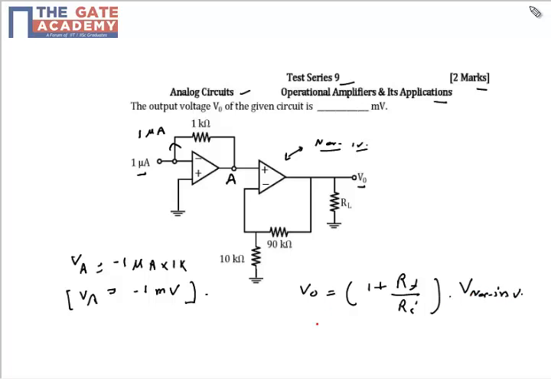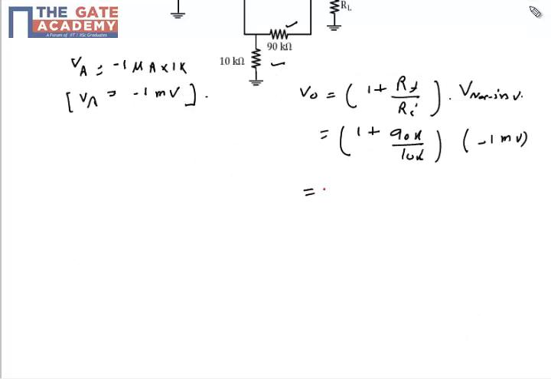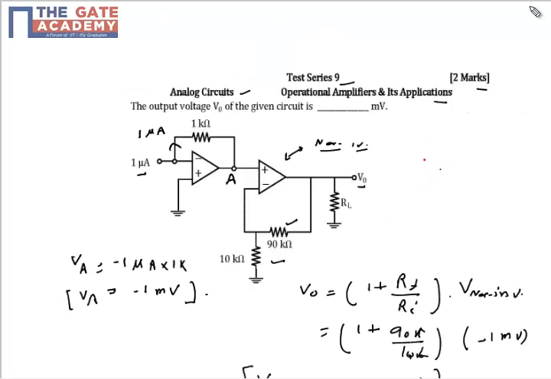In this case my RF, the feedback resistor, is 90k and my input resistor is 10k. So my output will be 1 plus 90k upon 10k multiplied by minus 1 millivolt, which is, 9 and 10 cancel, so minus 10 millivolt. So my output will be minus 10 millivolt.